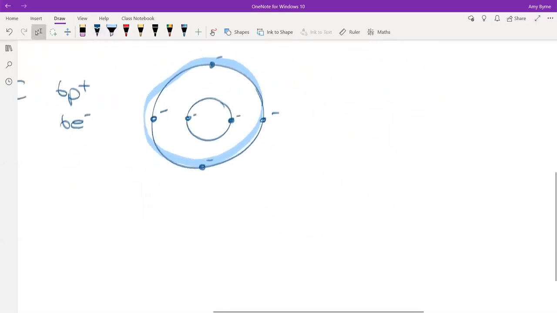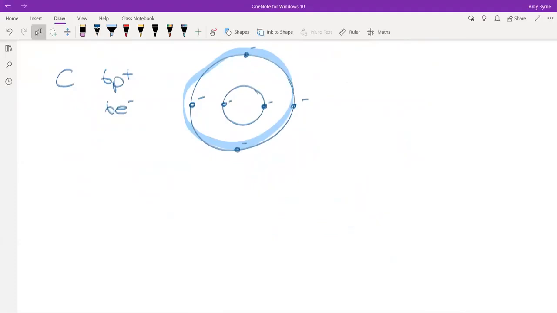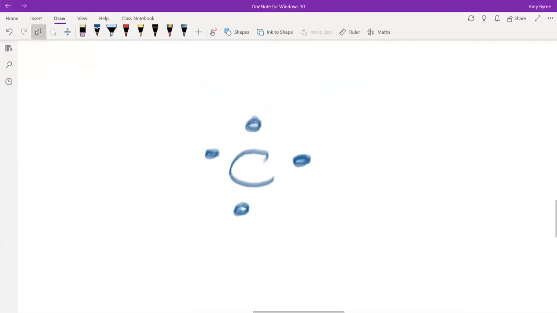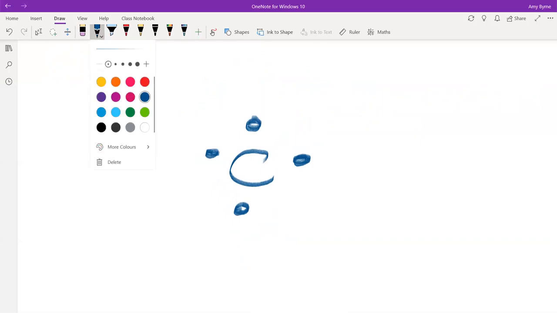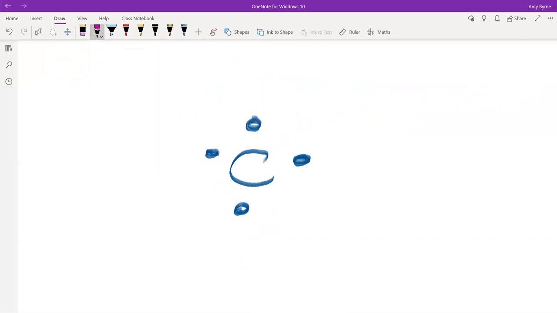So, as was previously shown, another way we can show carbon is like this, with dots to represent those different electrons. So, carbon wants 8 electrons in its outer shell. Remember that octet guideline that we talked about.